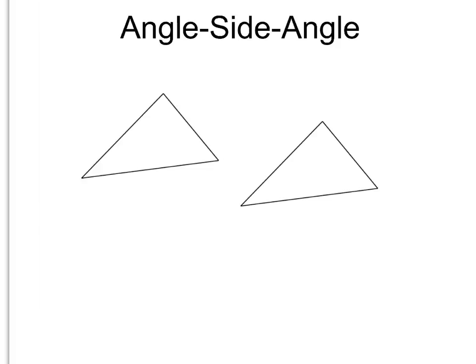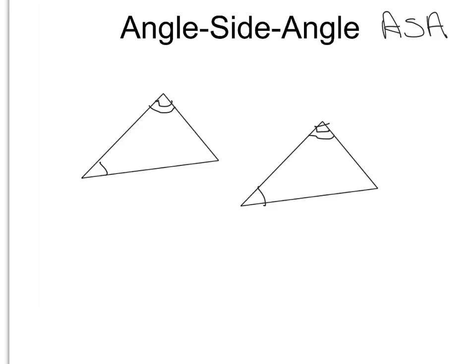Our next scenario is two angles and one side. Now, both of the scenarios here are ways to prove congruence. Angle, side, angle, known as ASA, is in fact a way to prove triangle congruence. In this one, we have two congruent angles. So let's say this angle and this one, and then this angle and this angle are congruent.